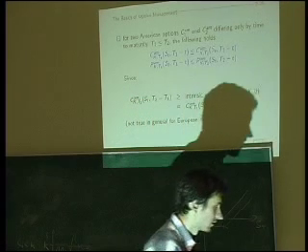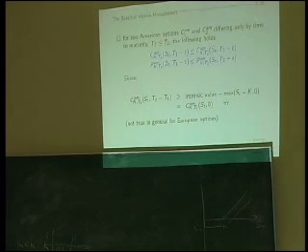Now, some simple properties of American options. If you have two American options with different maturities, then you have the following.